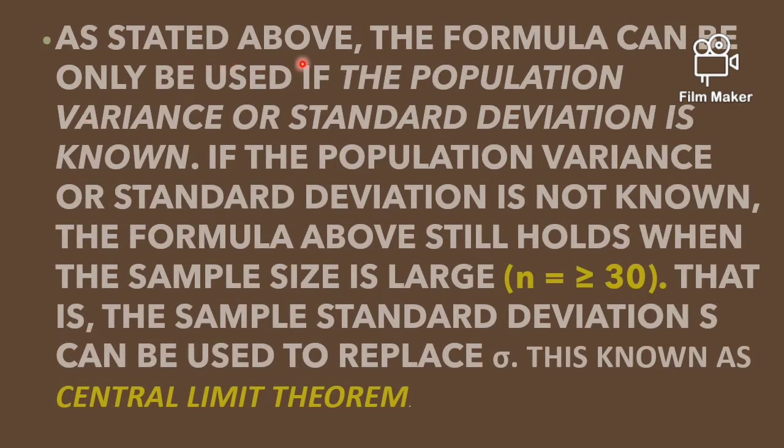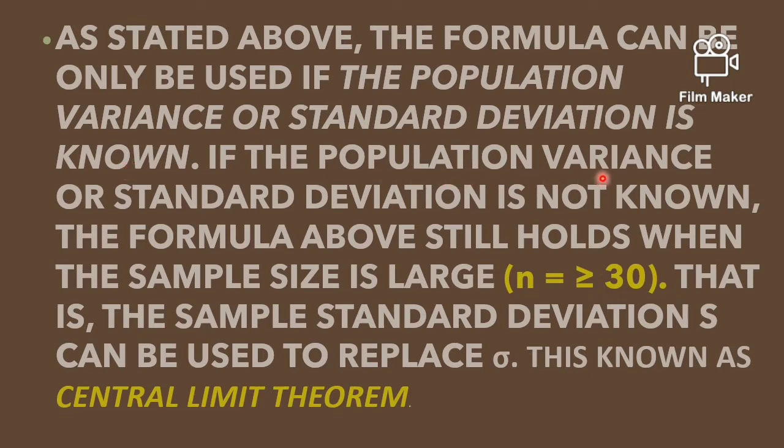As stated above, the formula can only be used if the population variance or the standard deviation is known. Take note that it is known. It means to say, kailangan meron value yung standard deviation mo at yung variance mo.